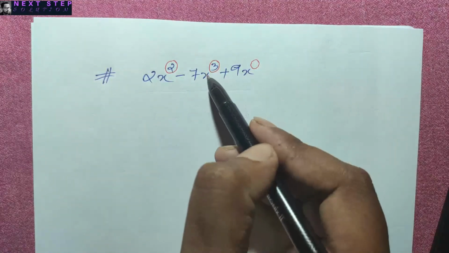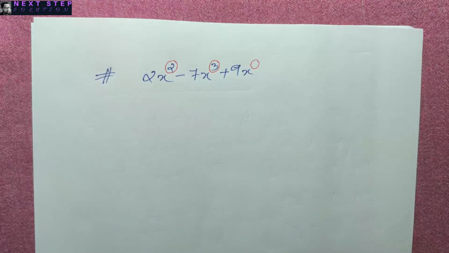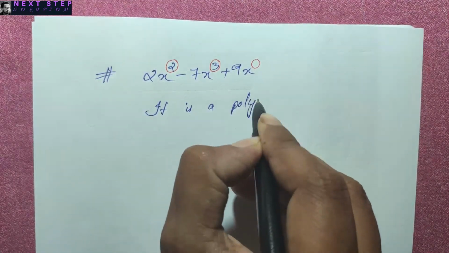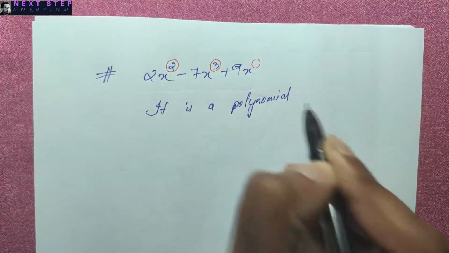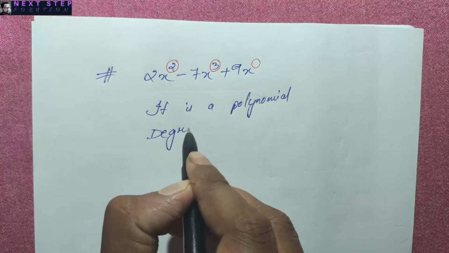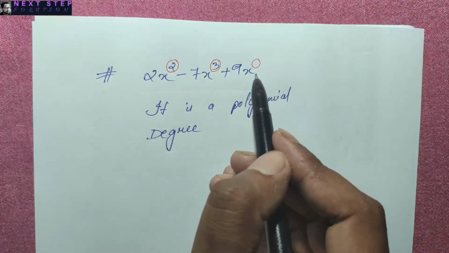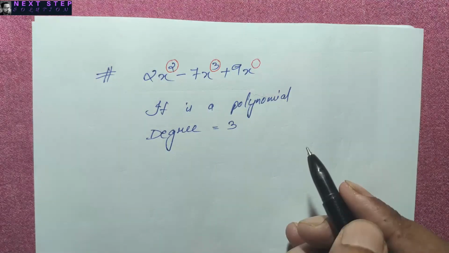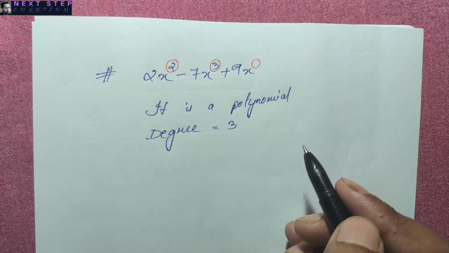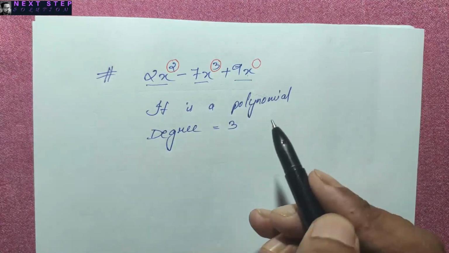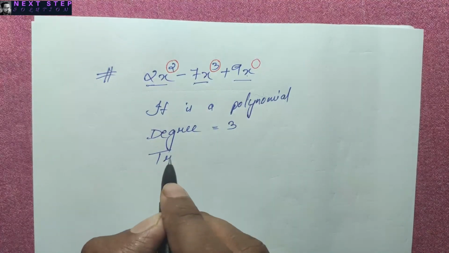Here the powers are all whole numbers, so it is a polynomial. Then we have to see the degree. Degree means the greatest power. The greatest power here is 3, so it is of degree 3. Then whether it is monomial, binomial or trinomial: here it has 3 terms, so it is a trinomial.